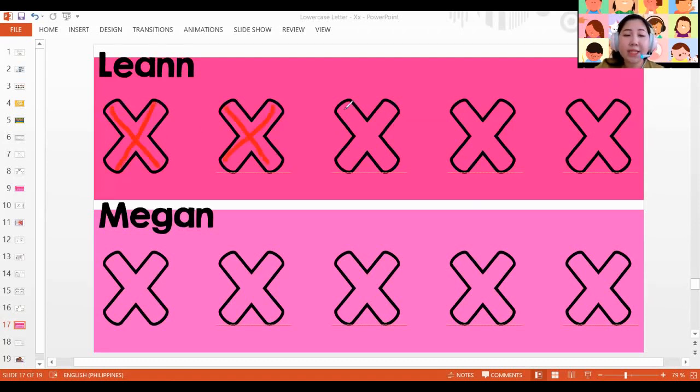Okay, start at the top, make a sliding line down, go to the other side, another slanting line down. Start at the top, slanting line down, other side, slanting line down. One more, down and down. All done on Lian's side. Lian, did you write also the letter X? Very nice. Now I will be writing on Megan's side of the paper.